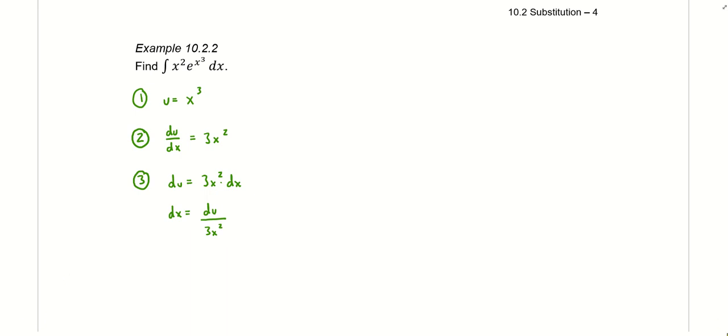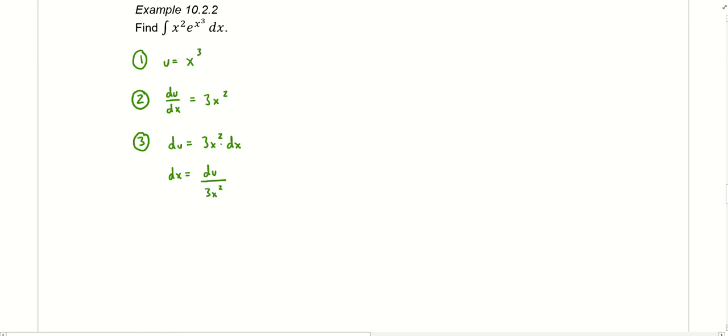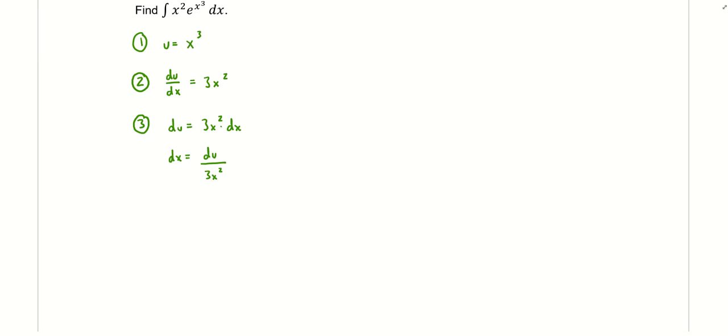So now I have my 3 components involving u all figured out. So now let's do the substitution. In step 4, I'm going to take my original integral, which is the integral of x squared times e to the x cubed, where we're integrating with respect to x, and I'm going to do my substitution.